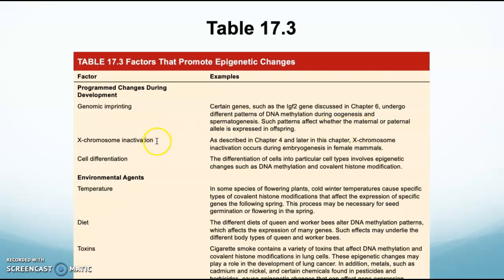X chromosome inactivation, as I mentioned, means one of the X chromosomes is inactivated during embryogenesis in female mammals so we don't get overexpression of those genes. And then cell differentiation: embryonically, as cells begin to differentiate, there are epigenetic changes, such as DNA methylation or covalent histone modification, so that in different tissue or cell types we see different expression of the genes.